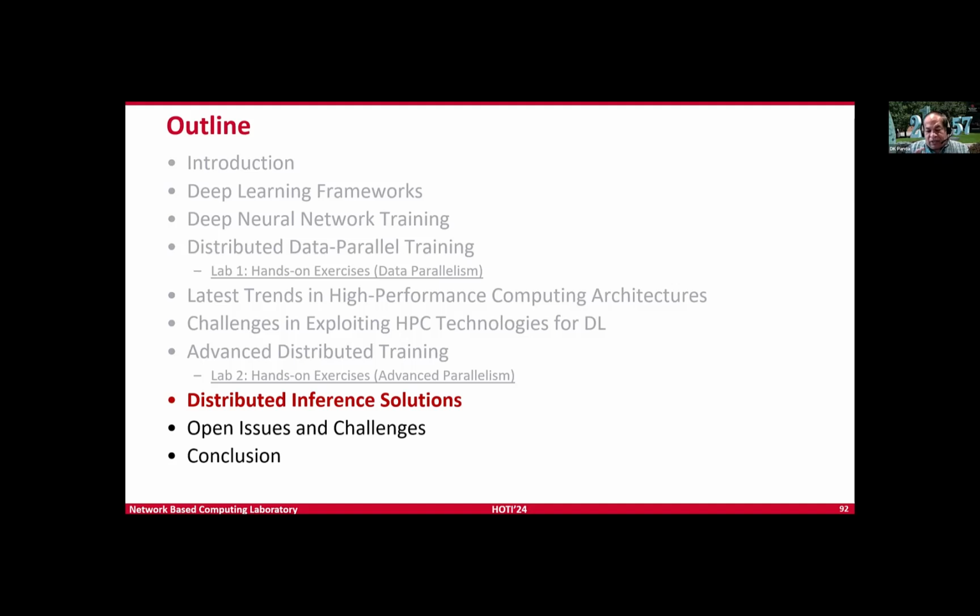So altogether, for a large training, we are using both scale up and scale out. So we are using technologies like NVLink. We are also trying to use RoCE. Now, how exactly they get used? That's what that software stack we indicated. This is where a variety of solutions are there.